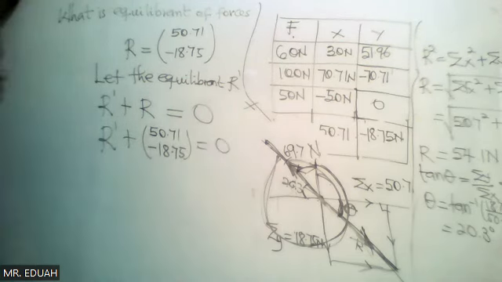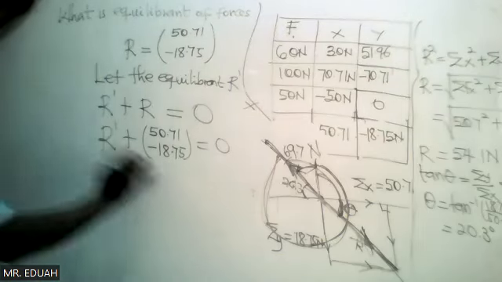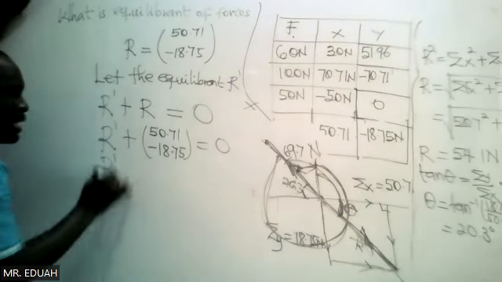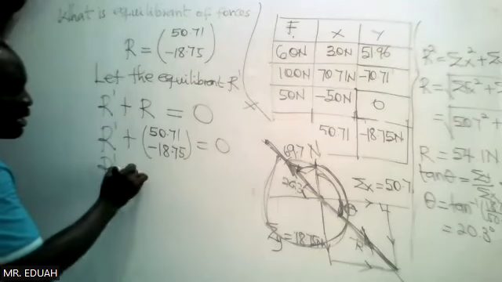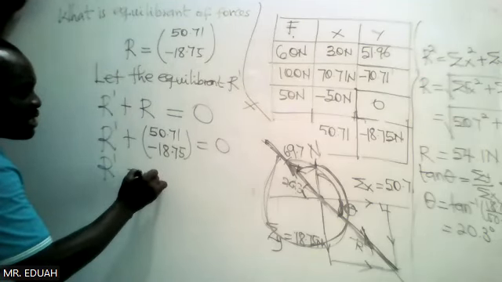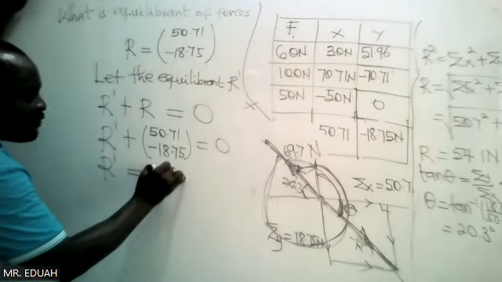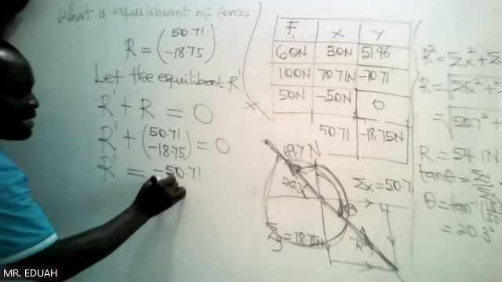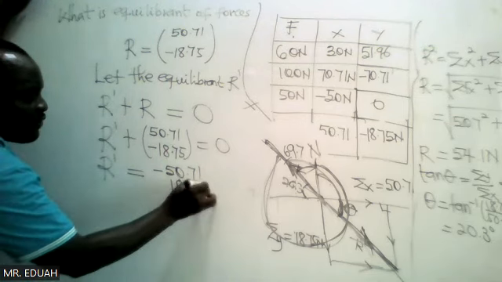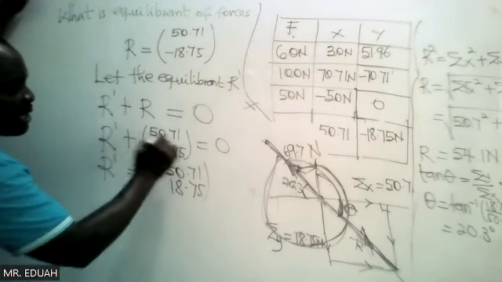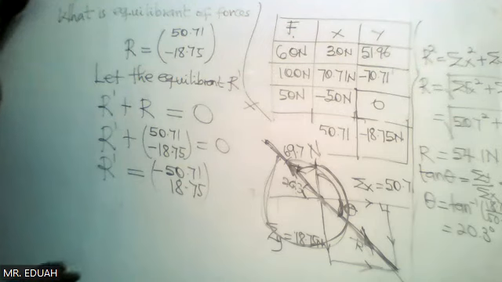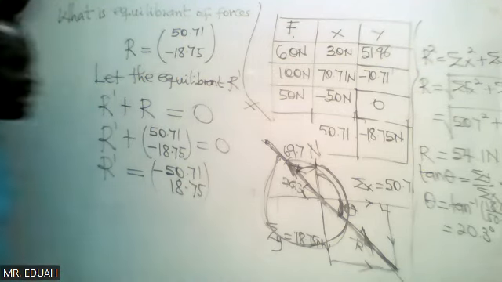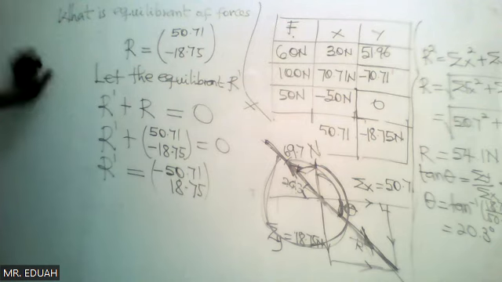By this, I want to determine the component of the equilibrant. The components of the equilibrant will be minus 50.71 and 18.75, meaning each component is crossing the sign. Please, are we fine?